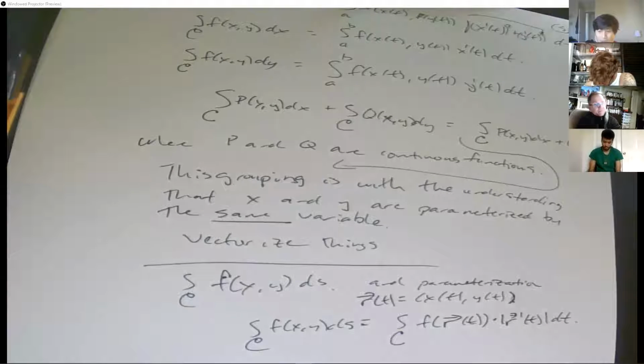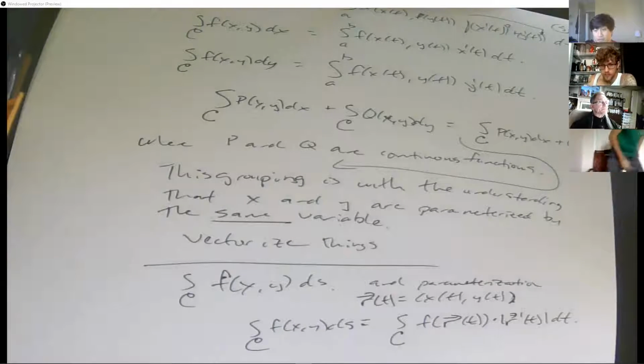That may happen because the wire is hotter or cooler. Heat can change the density of an object. If it's warmer, it expands. If it's cooler, it contracts. So its density could change on a local level, and I want to know the mass of this object. That is essentially this line integral.